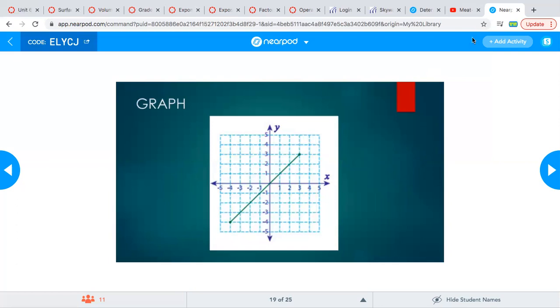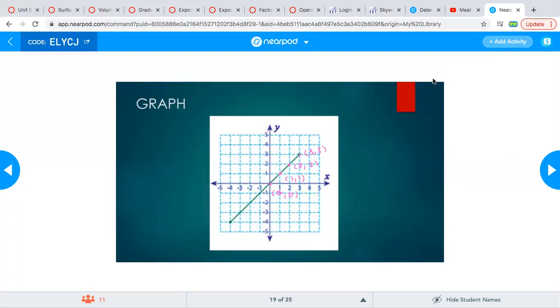So when we're looking at graphs and we're trying to figure out if it's a function or not, we could go through each value. Oh, 1, 1, 2, 2, 3, 3. And I could keep going, 0, 0. And what I'll notice is every x does have one y value.